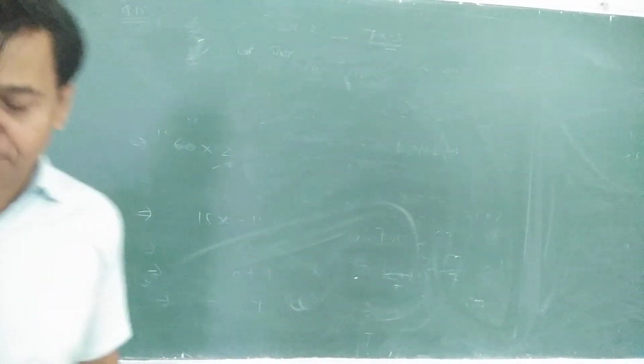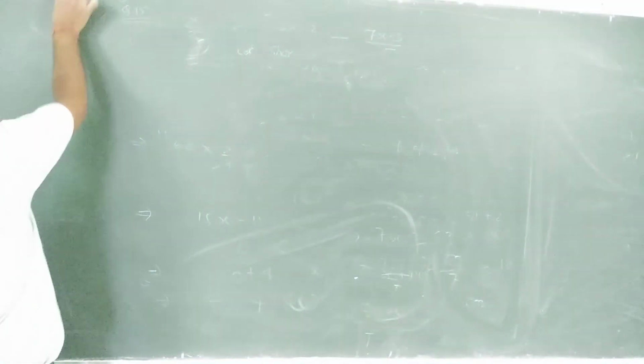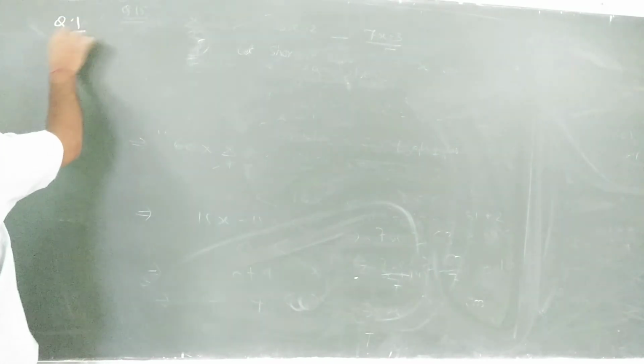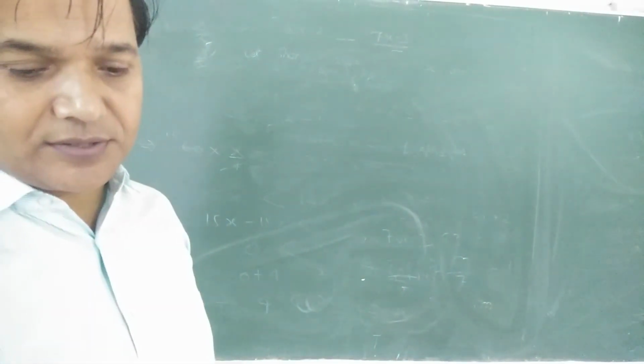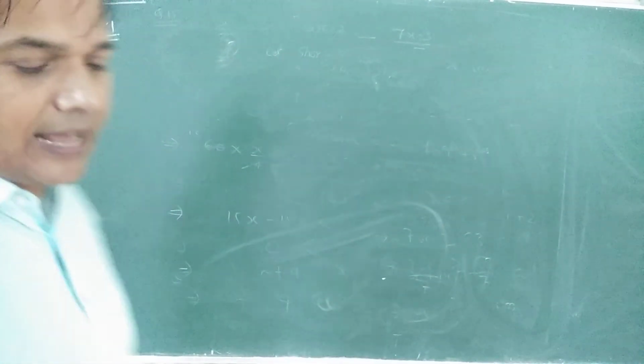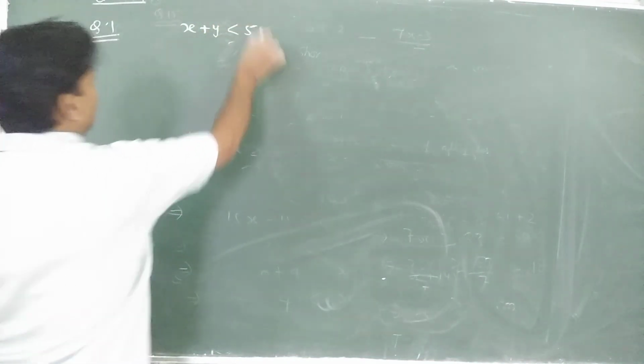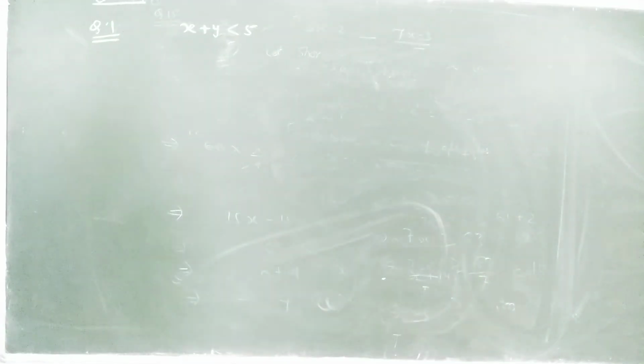For that we are going to check exercise 6.2, question number first, that is x plus y is less than 5. It is given. This is our given inequality, and we want to solve this by the graphical method. How can we solve this?